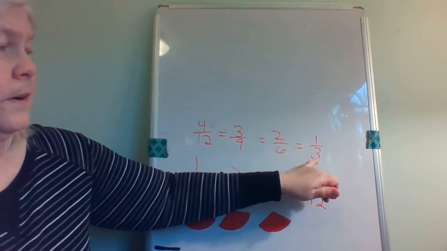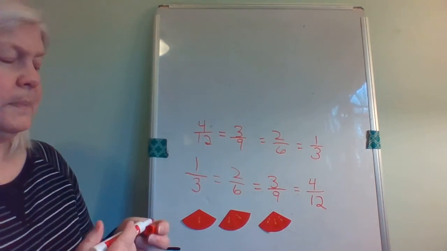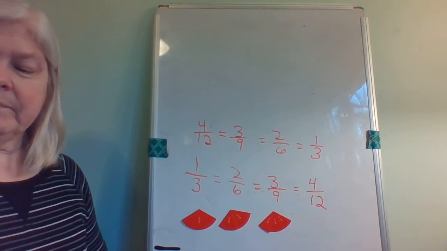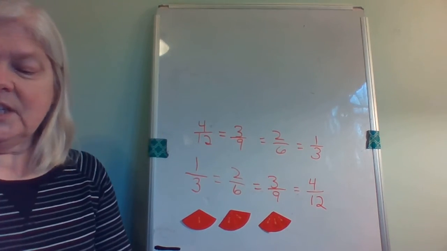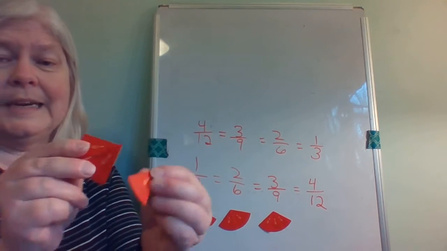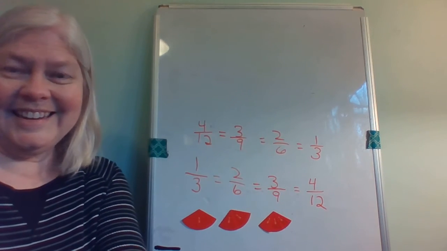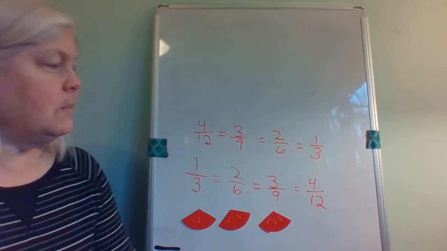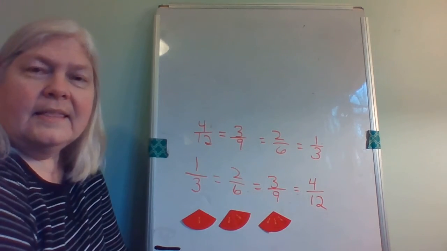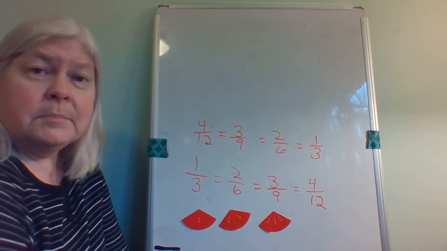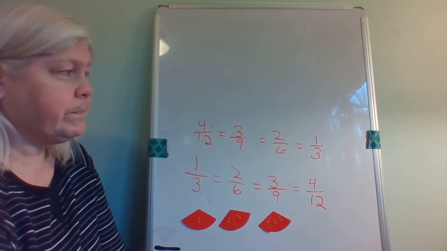Now that 1/3 is what we started with. It's the simplest one to look at. 1/3 is easy to imagine. It's much easier to imagine even than 3 ninths in your head. So that would be the most simple of all of these that are equal. And that's where we get the simplifying word from.